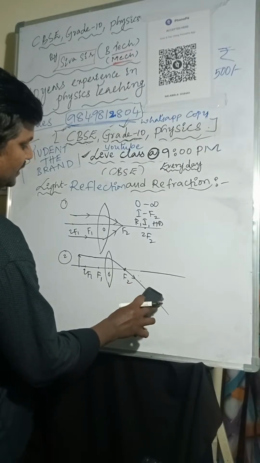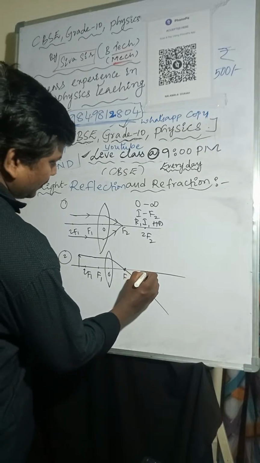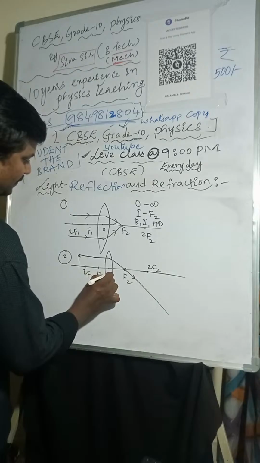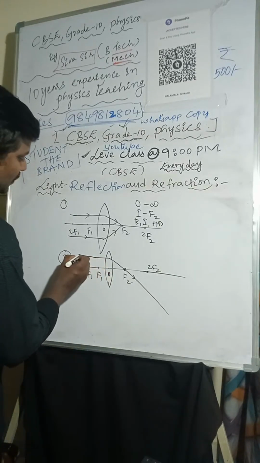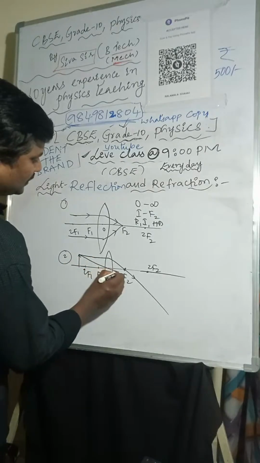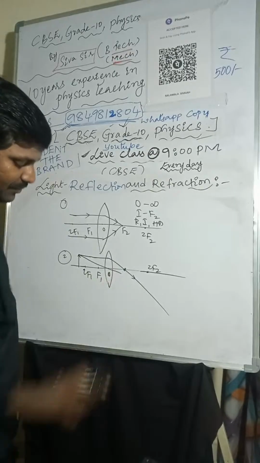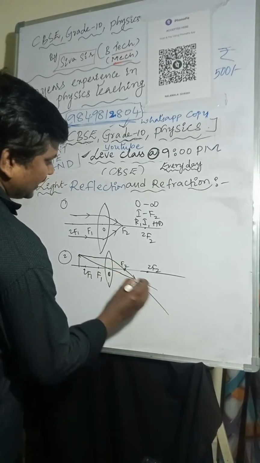Here is the optic center, F2, 2F2. If the light ray passes through the optic center, those light rays will meet between F2 and 2F2. Here is F2, and here the light rays will meet.